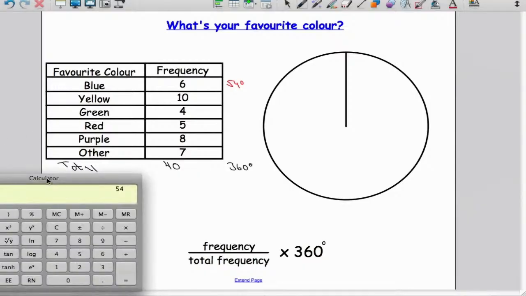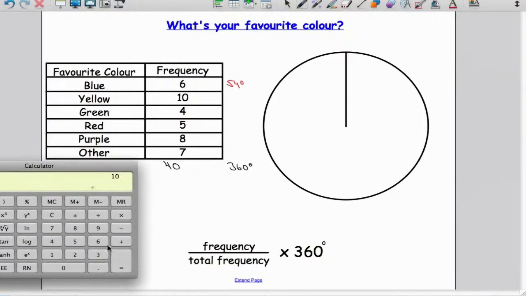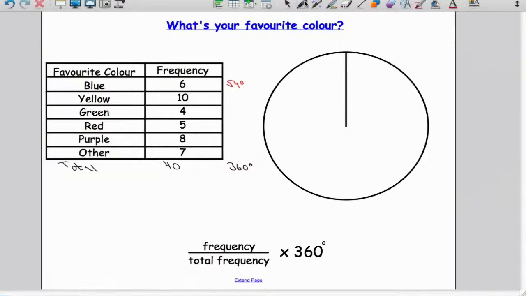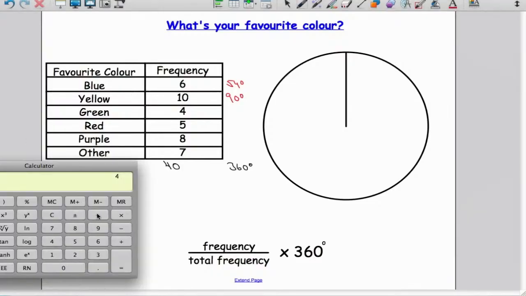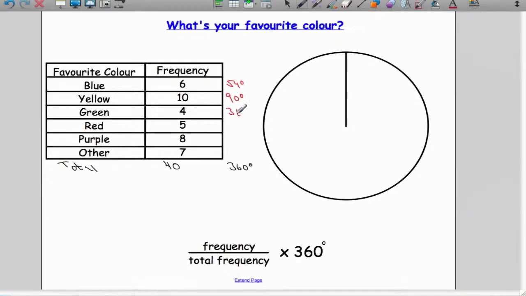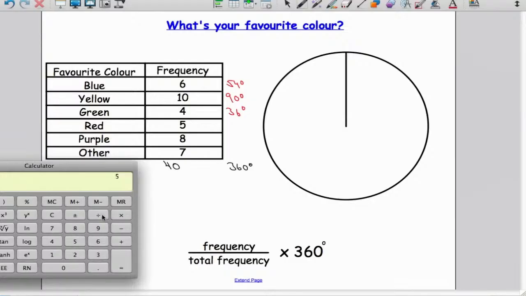Next one, we're going to do yellow. So it will be 10 divided by 40 and multiply our answer by 360 degrees, which gives us 90. So yellow is going to take up 90 degrees of our whole pie chart. Green will be 4 divided by 40 and multiply that by 360, which gives us 36. And red will be 5 divided by 40 multiplied by 360, gives us 45.